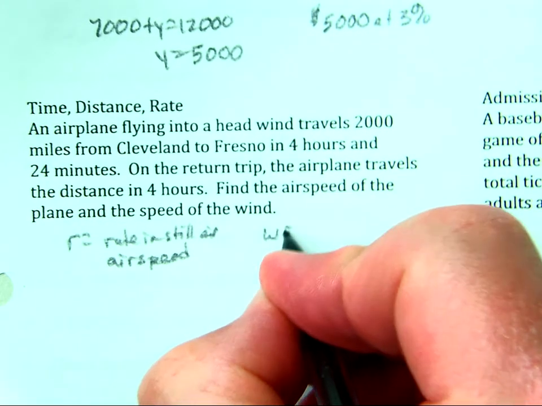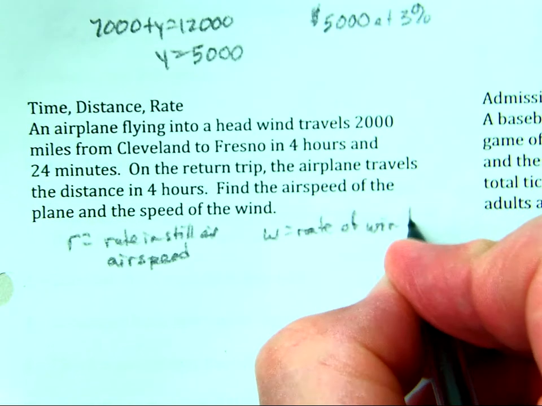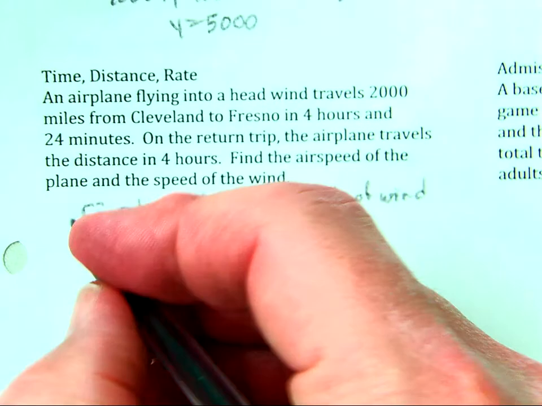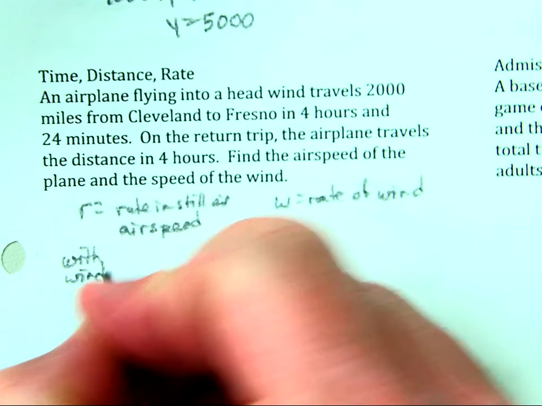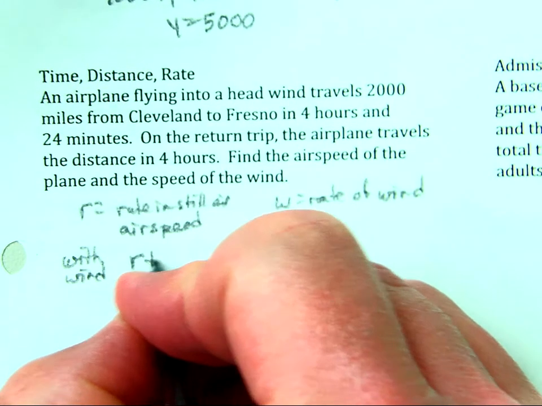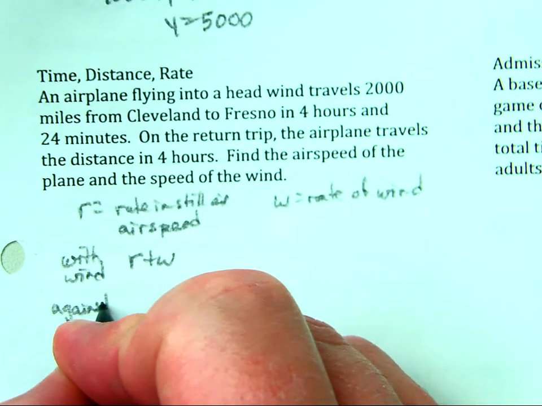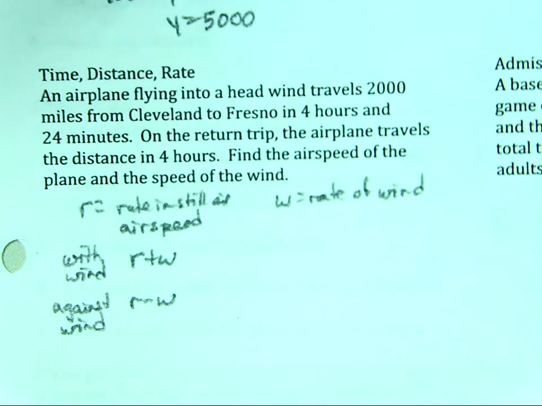Let's let W be the rate of the wind. Always a good idea when you start to write these things down, so you have them in front of you. So when we're with the wind, that's good, so it's R plus W. Against the wind, so the wind's in our face, it's R minus W.